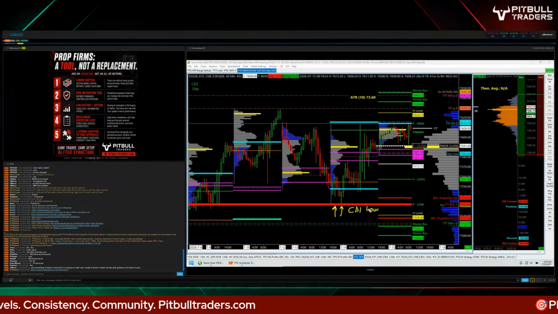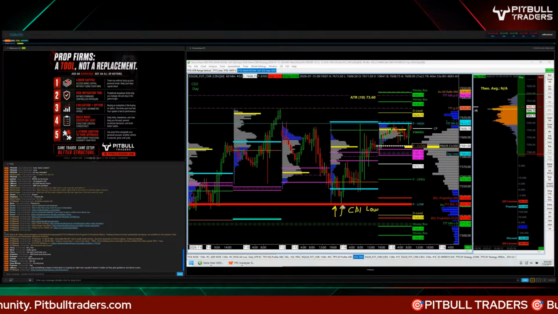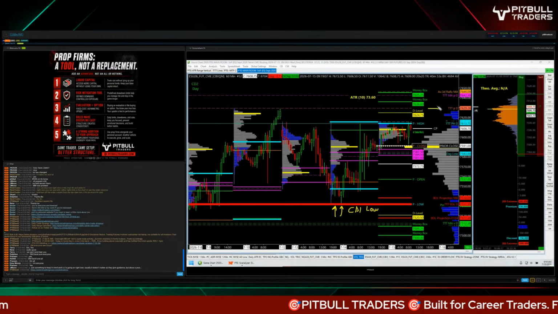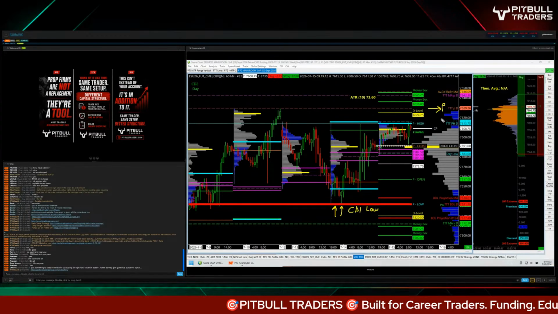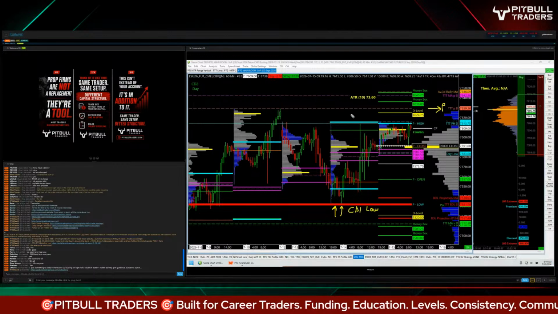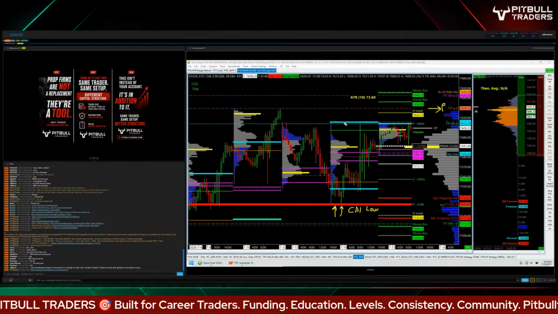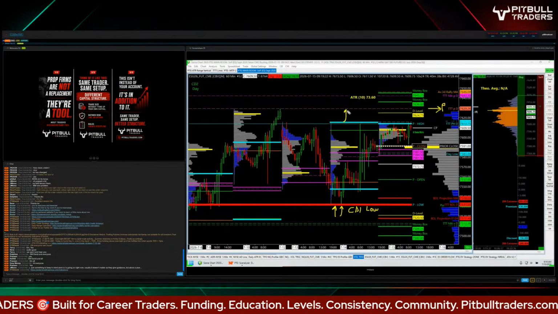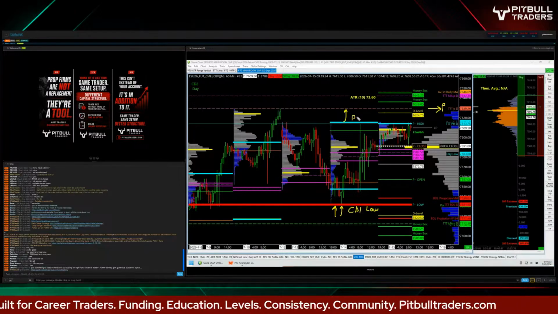So that's the controlling low pivot. And then on the far right, you'll see labels called P. That's referred to as a penetration level.